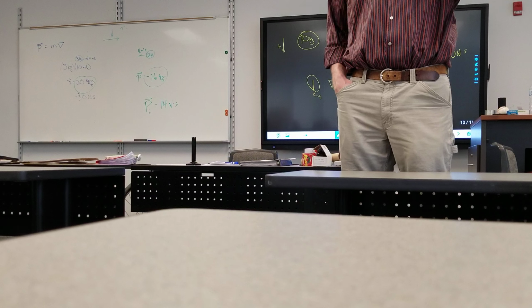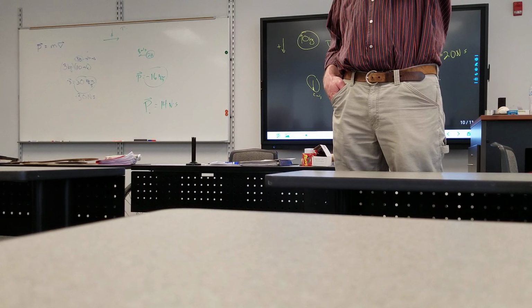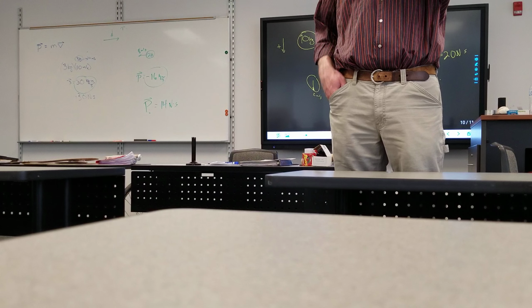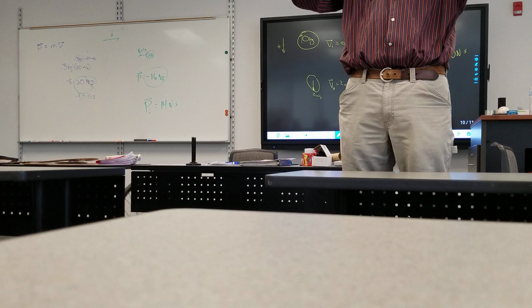The force on A from B is equal to the negative of the force on B from A. That's the shorthand version of Newton's third law. There are two objects involved, exerting an equal magnitude of force on each other.